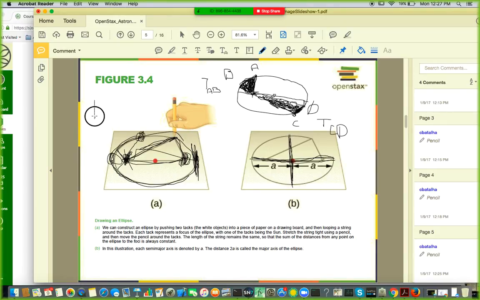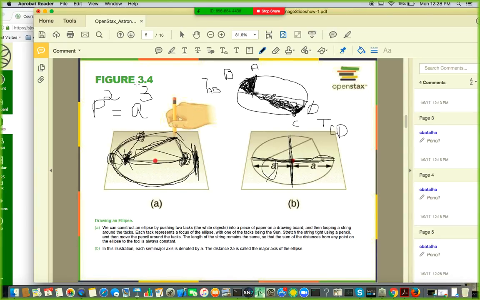If you take the time the planet takes to go around the sun, the period squared, in sidereal years, so if you convert that to Earth years, the period squared is equal to the semi-major axis, this letter A right here, to the third power.